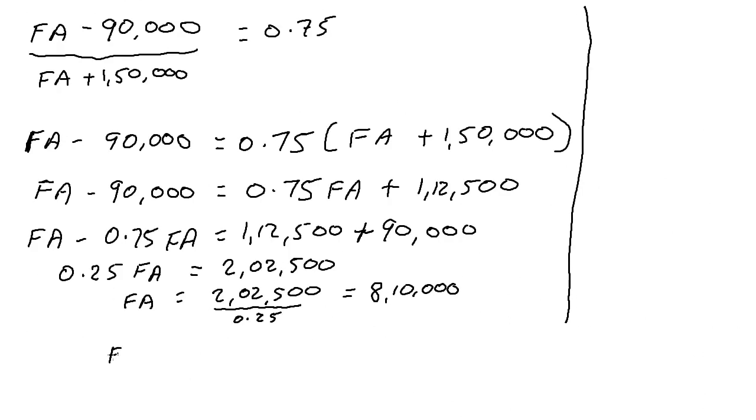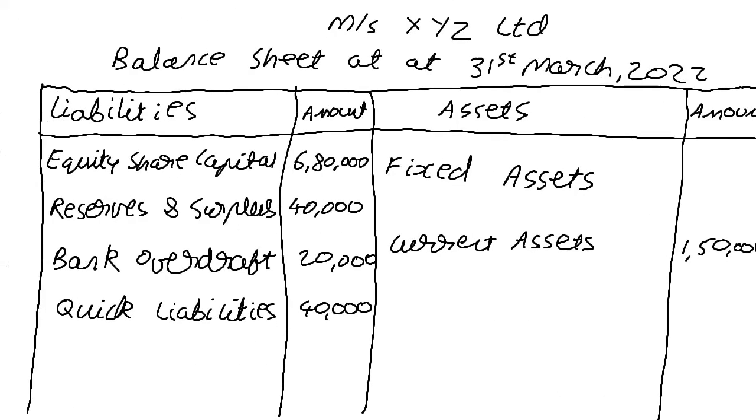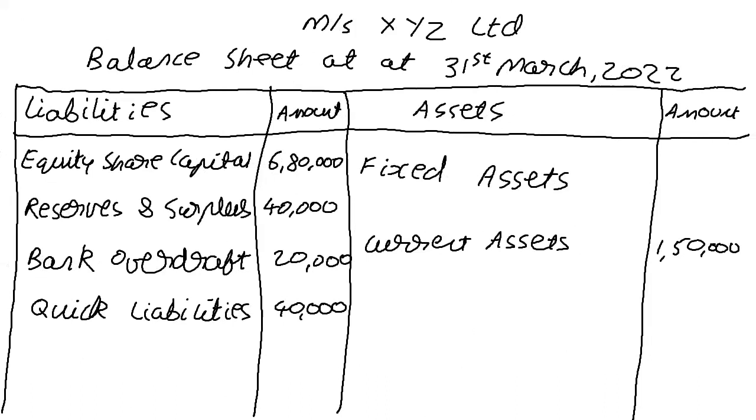Fixed assets is equal to 8,10,000. Going back to the asset side, fixed assets is 8,10,000. Hopefully this will tally. The asset side seems to be low hanging fruit.